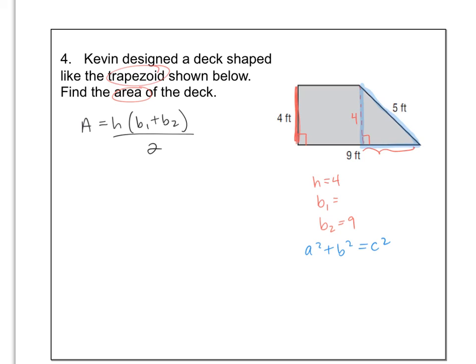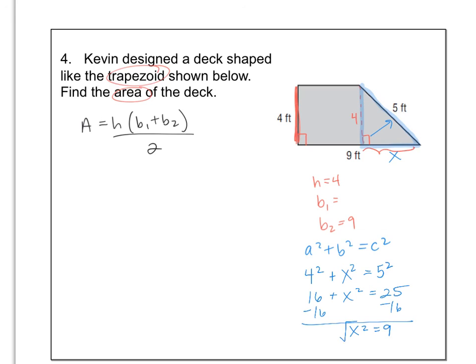Okay, so it's going to go like this. 4 squared plus, I'll just call this x. How about that? Plus x squared equals 5 squared. The 5 has to be your c because it's across from the 90-degree angle. So 4 squared is 16 plus x squared equals 25 minus 16. X squared equals 9.